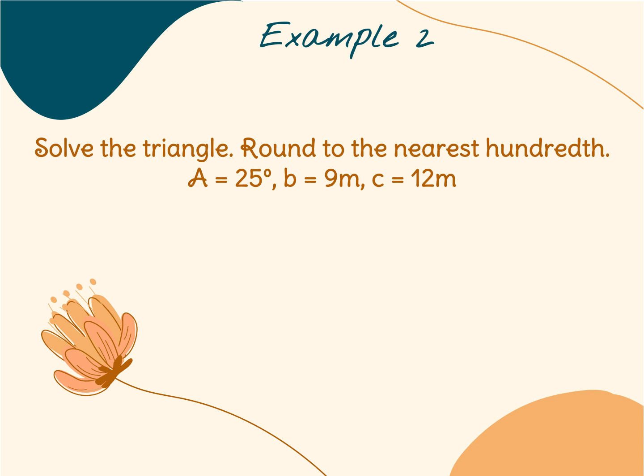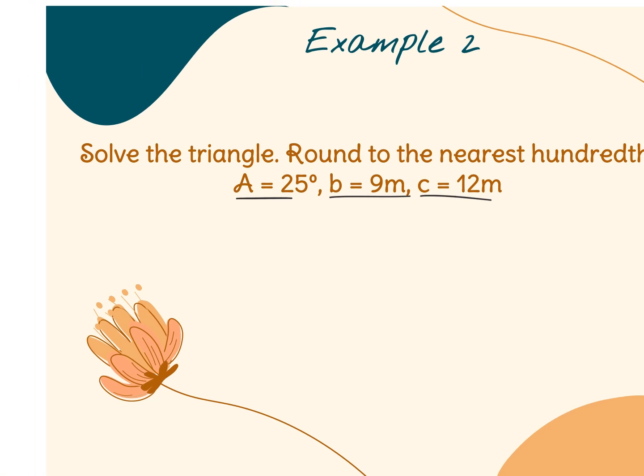So what we're going to do is use the version of law of cosines that relates all of this information together, so A, B, and C. You can check the formulas. It's going to be A squared equals B squared plus C squared minus 2BC times cosine of A. So I'm going to plug all the information that we have into this equation.